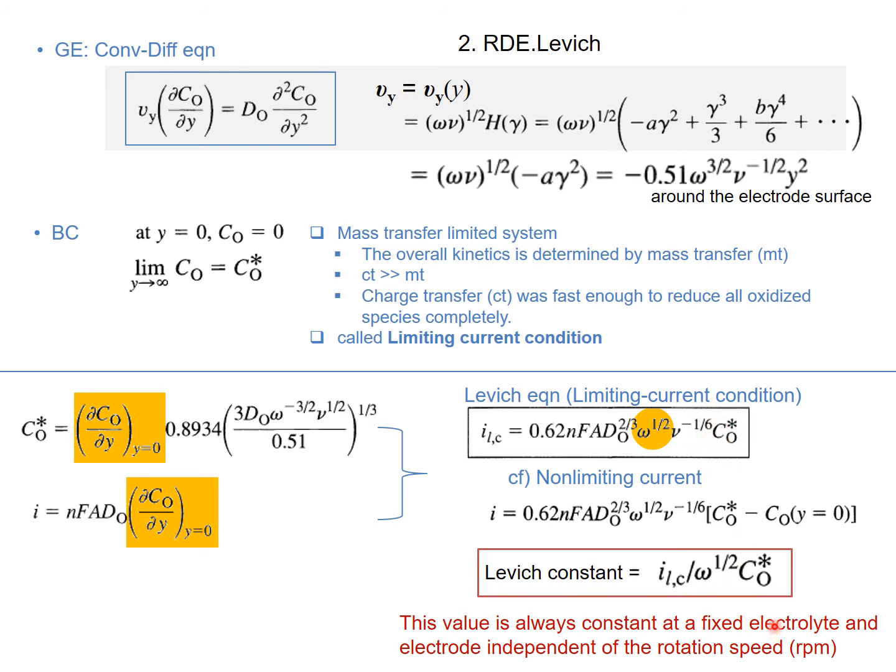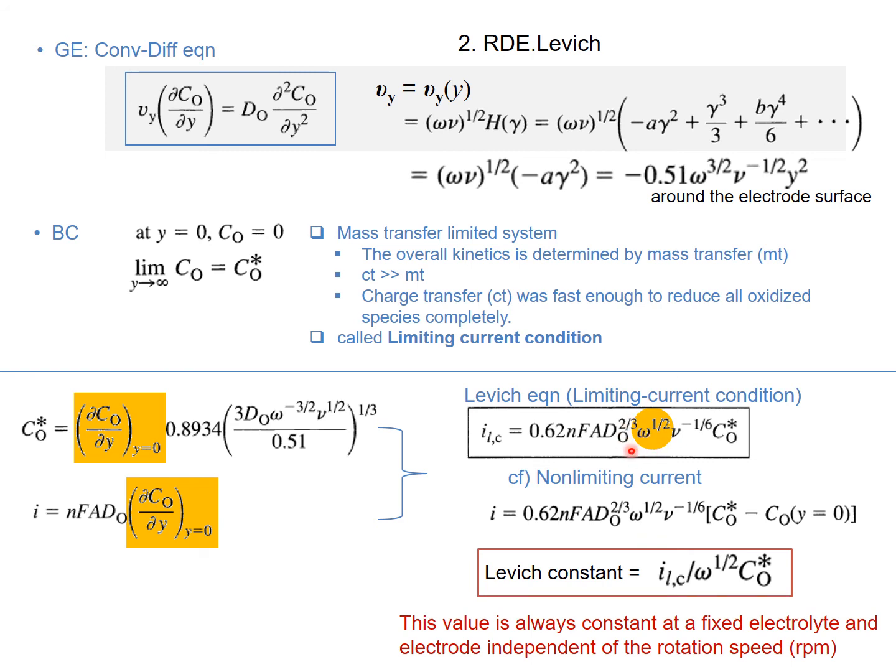This value is always constant at a fixed electrolyte and electrode, independent of the rotation speed. So that is the Levich constant. Anyway, the most important thing is that the limiting current is proportional to the square root of omega, the rotational speed.